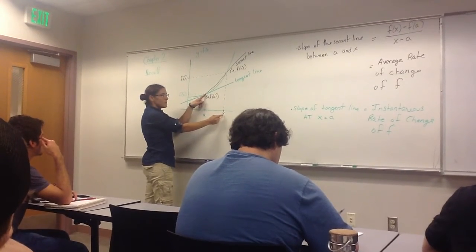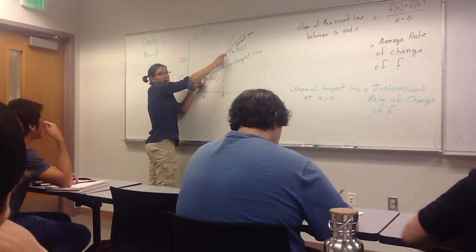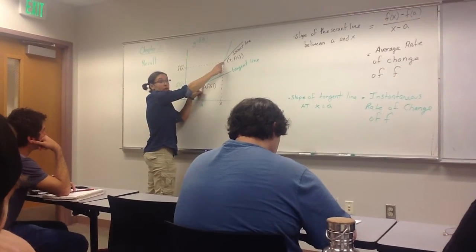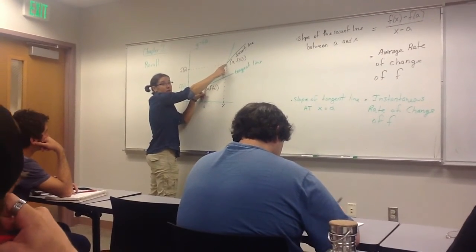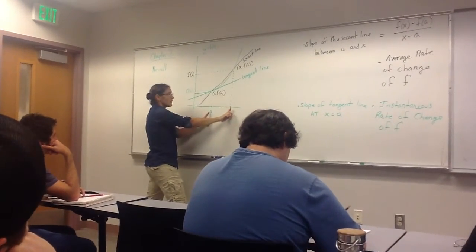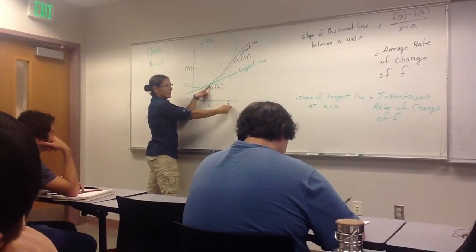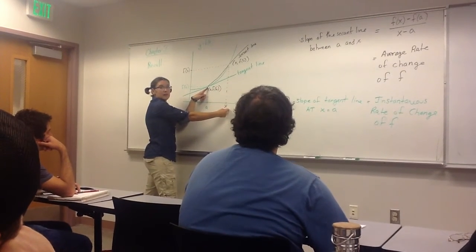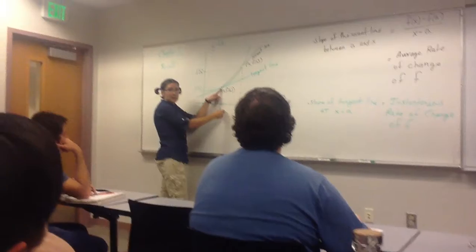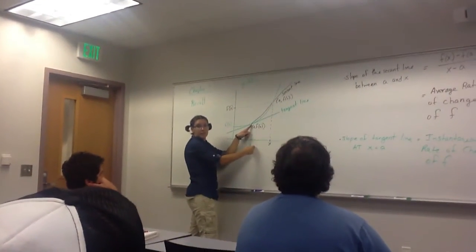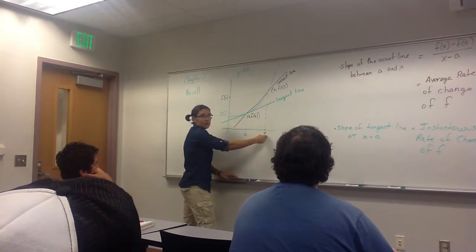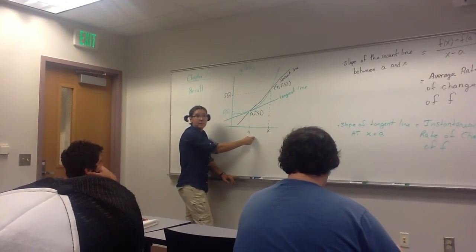The closer that I move my x comma f of x point to my a comma f of a point, the closer my secant line looks to looking like the tangent line. In particular, what I'm doing is I'm taking x and moving x as close to a as I can possibly make it go without actually touching a.